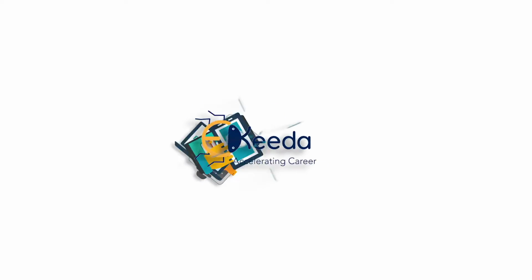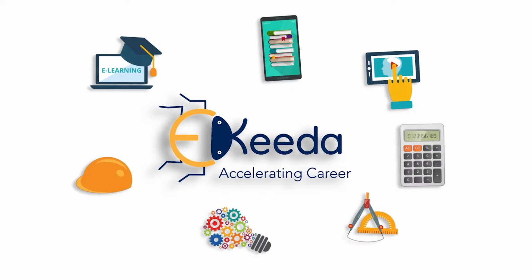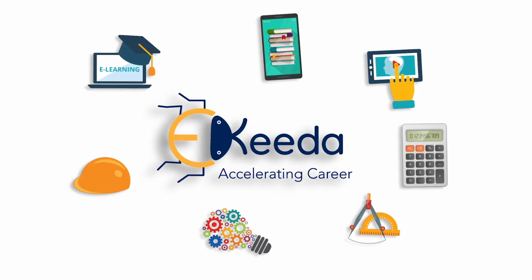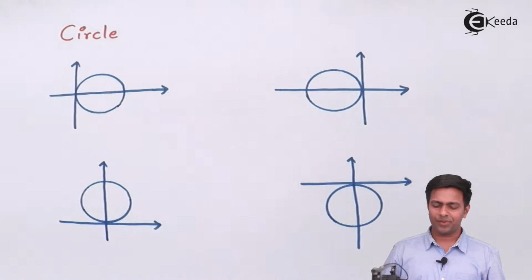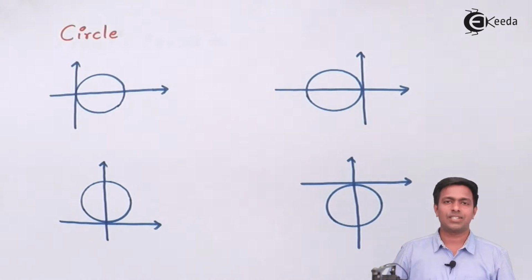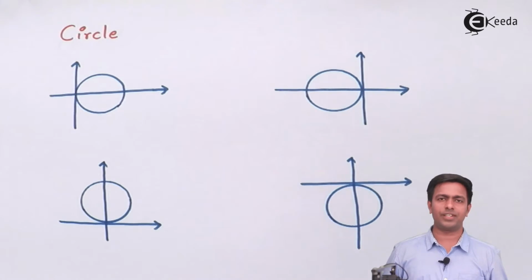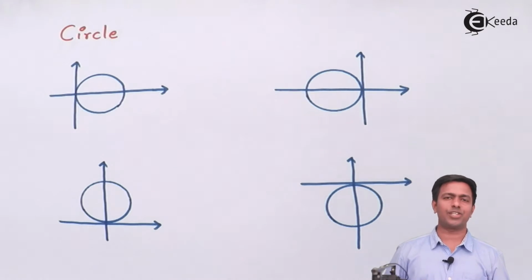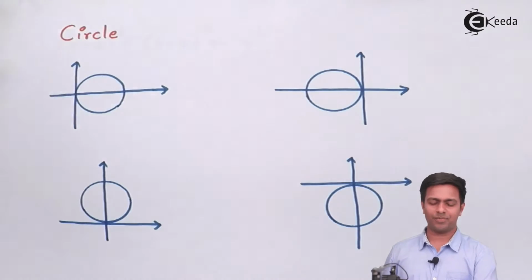So let's see, guys. Here on the screen you can see 4 different types of circle. To start off with this, let me tell you the equation of a circle in Cartesian form.